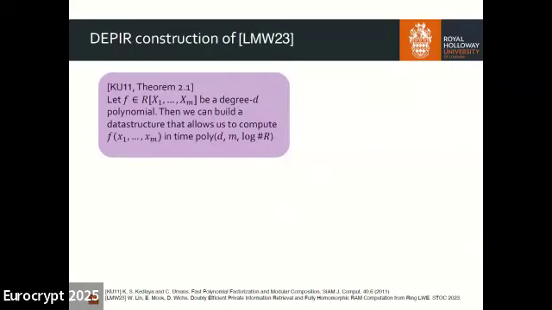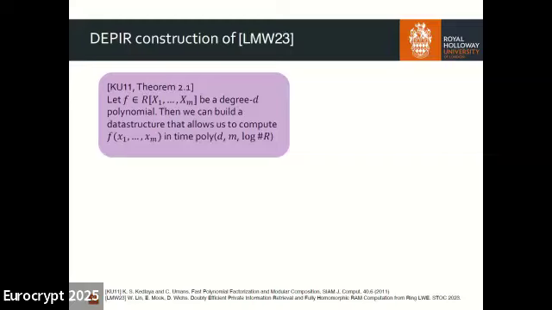It was recently shown by Lin, Mook, and Wichs how to construct dPIR, and I'll briefly recall how this construction looks because we're building upon it. Their result relies on a result of Kedlaya and Umans from 2011, which basically states that a multivariate polynomial can be evaluated efficiently if we have a particular pre-computed data structure.